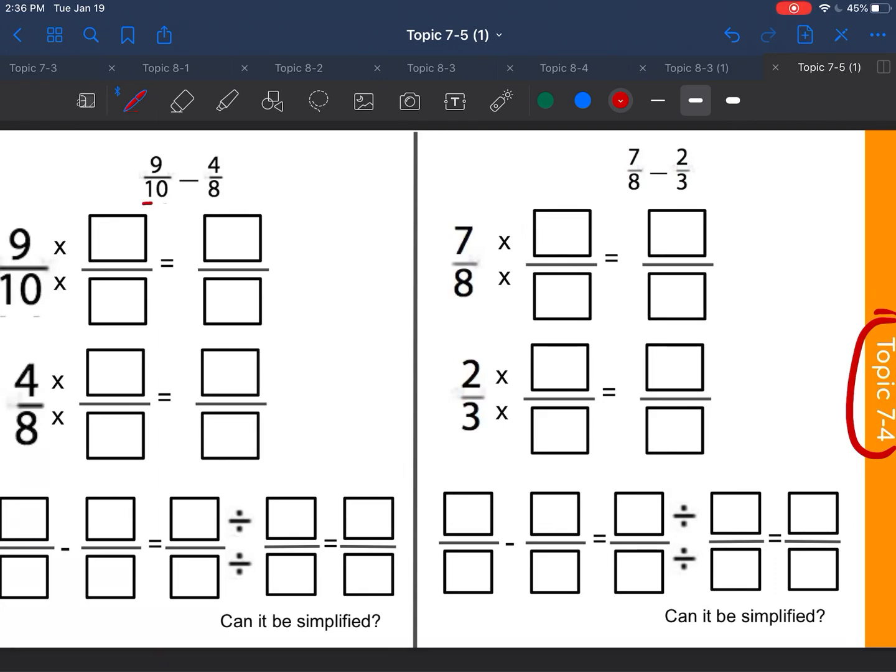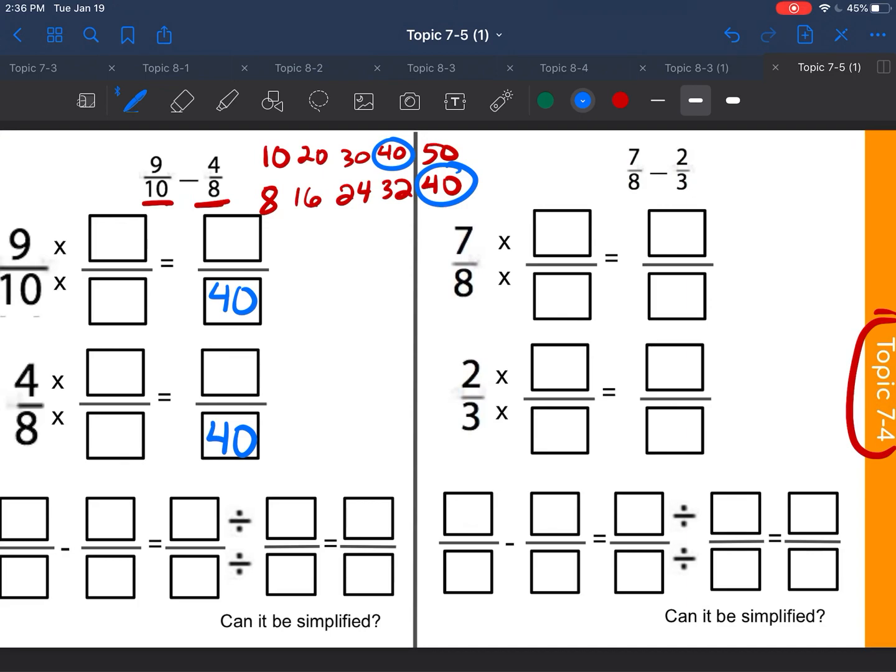So we would list the first 5 multiples of 10 and 8. We have 10, 20, 30, 40, 50. For 8, we have 8, 16, 24, 32, 40. And I can see that the lowest common multiple is 40. So we're going to make both of those 40. 8 times 4 is 40.